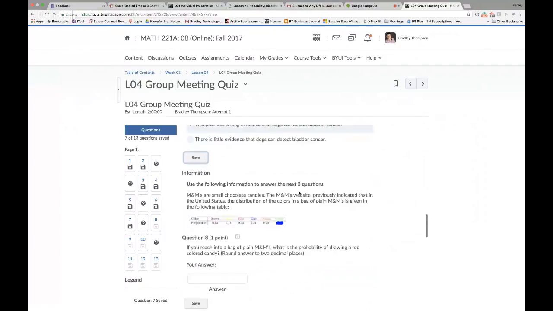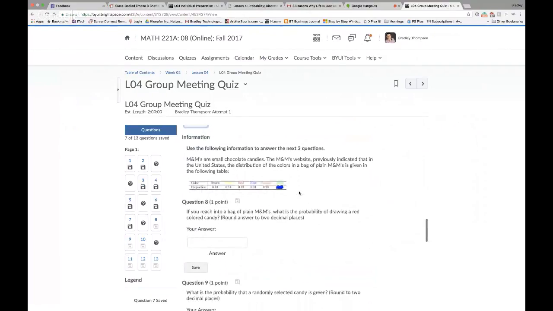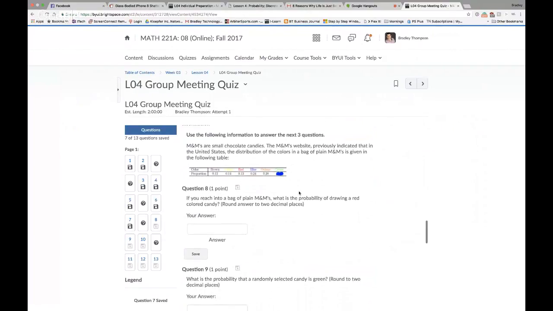Okay, use the following. M&M colors, nice. If you reach into a bag of plain M&Ms, what is the probability of drawing a red colored candy? Okay, so it looks like green is marked out. That's kind of funny. So green is 16%, 0.16.